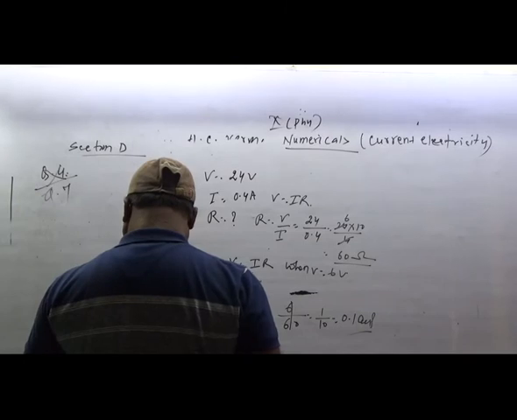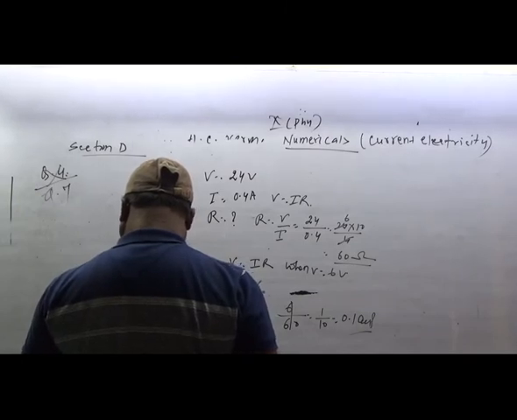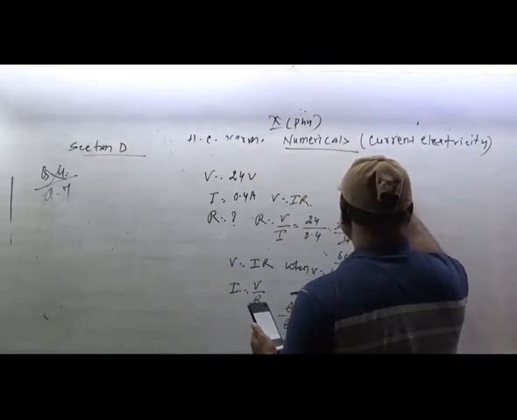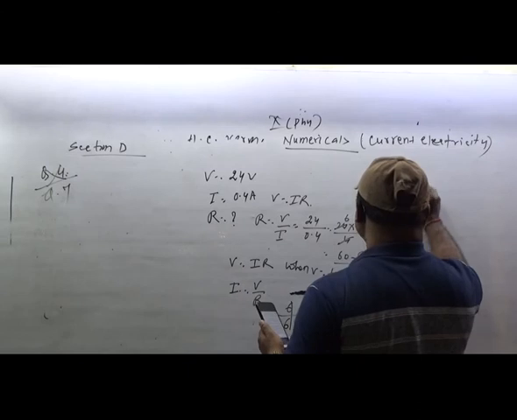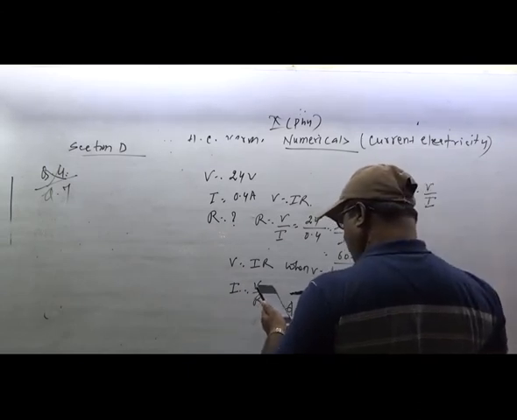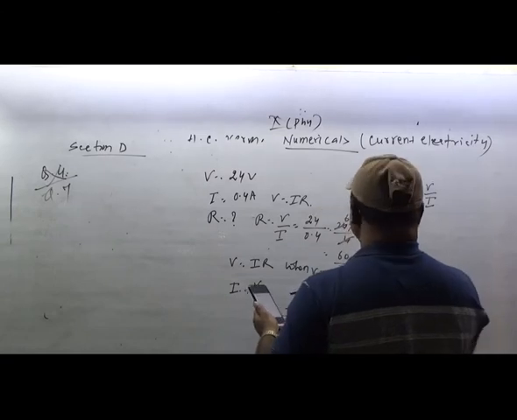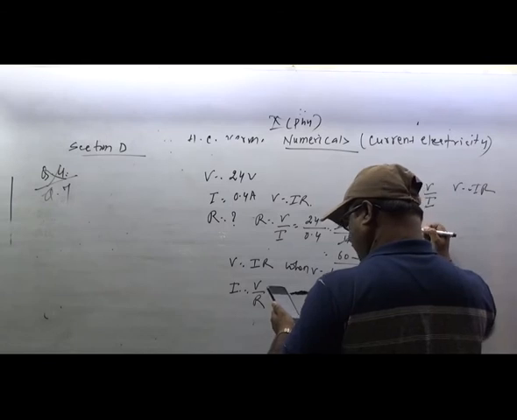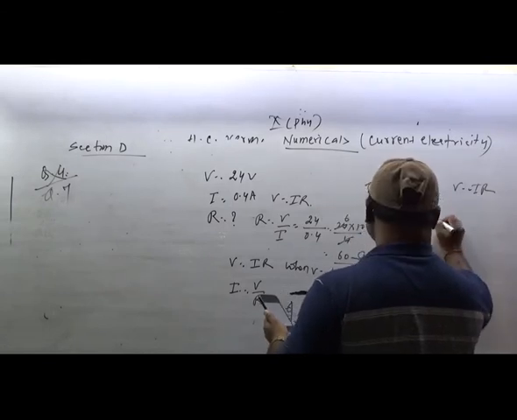Question number 8 is also simple. We have to find R is equal to V by I. This is Ohm's law. See the first case. Here V is equal to IR, so R is equal to V by I. It is 4 by 1.